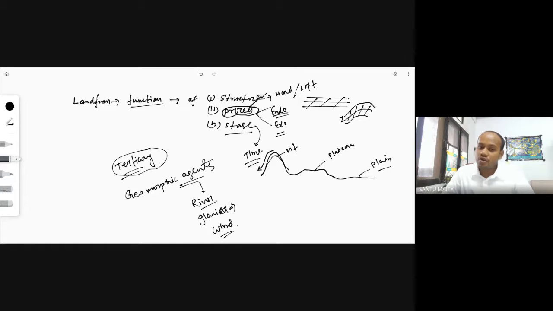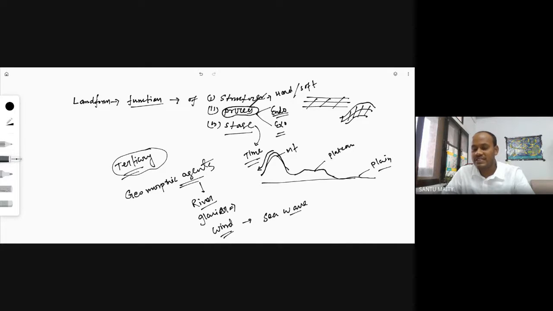This is also acting on all these landform types, whether it is mountain, plateau, or plain. Other geomorphic agents are known as the sea waves.